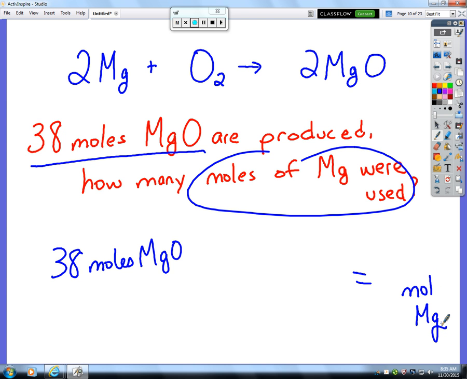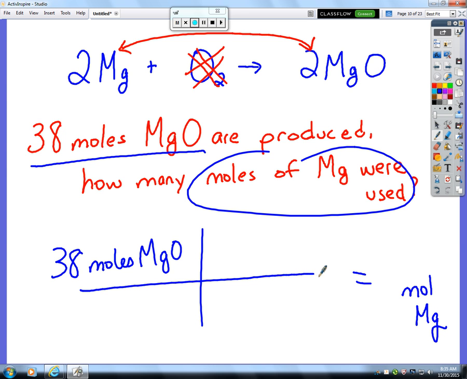So now you're going to look at your balanced equation and at the relationship between these two. Where is that? That's these two right here, right? And some of you will say, well, why do you need this? Well, you only need it to balance the equation, but we don't need it for this problem. So I take my words up top, my moles of magnesium oxide, and put my words down below.